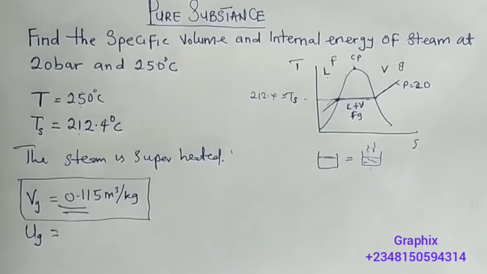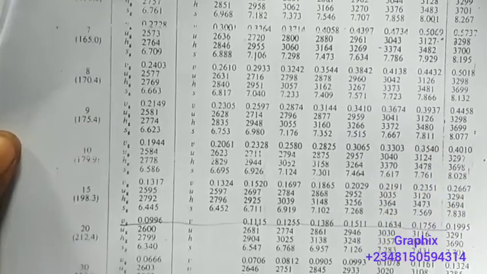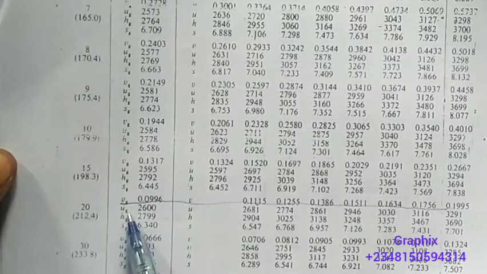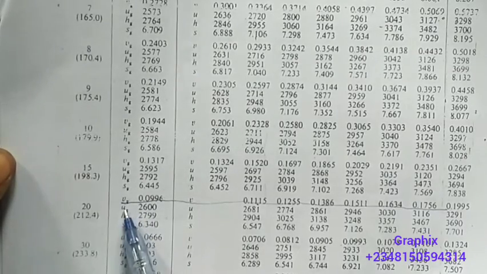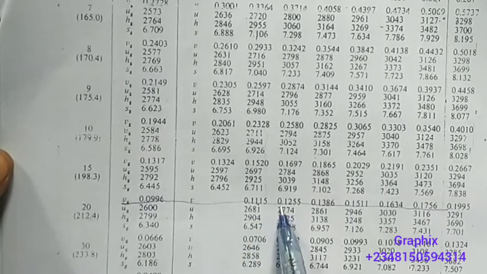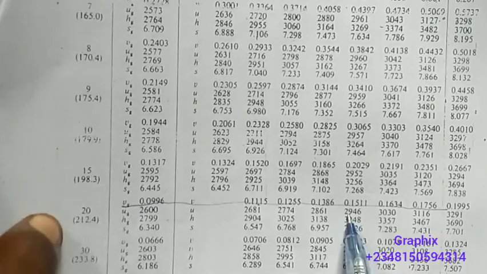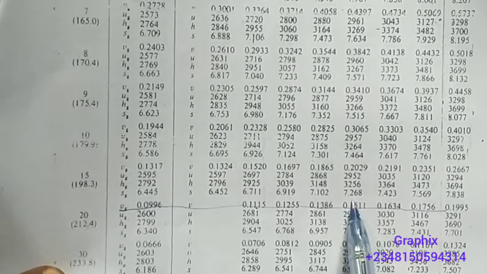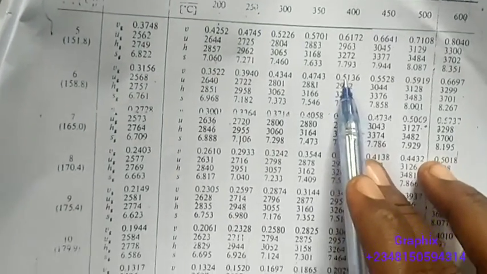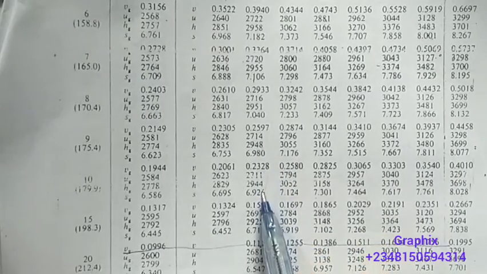So you still go and check on your steam table. You go to the 20 bar also at that same position. Now this is UG here. This is VG, this is UG. So you're going to trace it to the same guy. And this is it here. You go to 250, you come down, right?